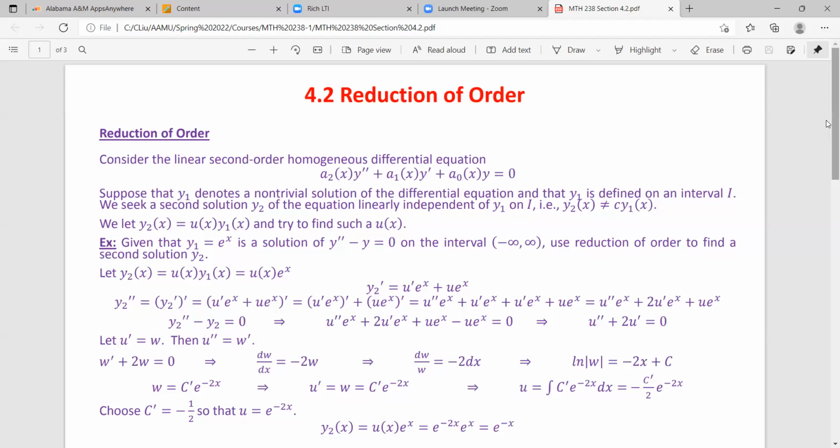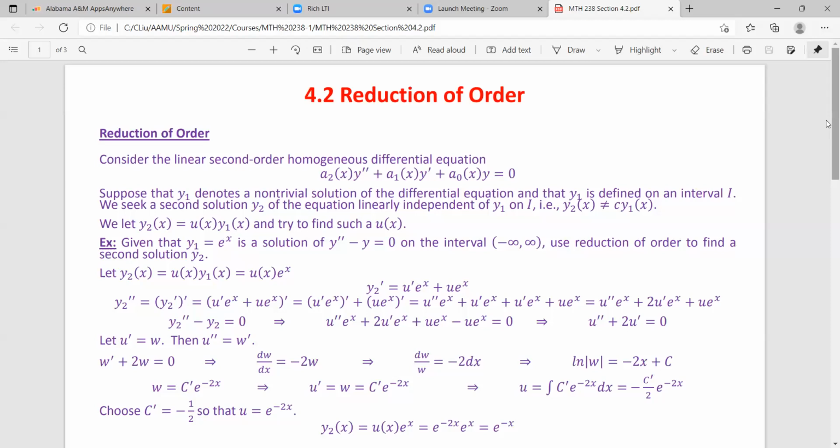So if we choose C prime equals -2, not -0.5, I'm sorry, then the u just becomes the negative of -2 over 2, which is 1, times e to the negative 2x. So that's e to the negative 2x. So once again, we can choose that because we only need one of those u's.